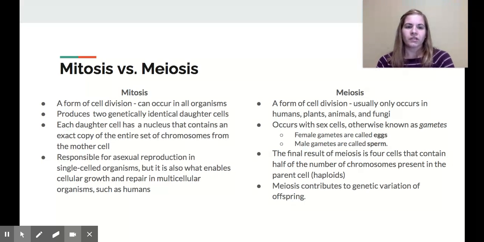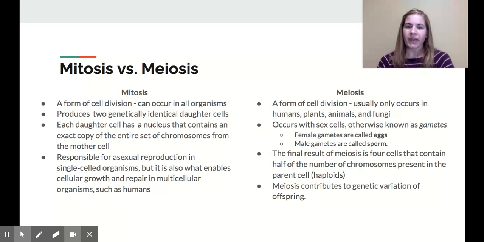When you have the meiosis process occurring, the difference from mitosis is that the final result is that you have 4 cells. However, these 4 cells are going to have half of the number of chromosomes that were originally in the parent cell.